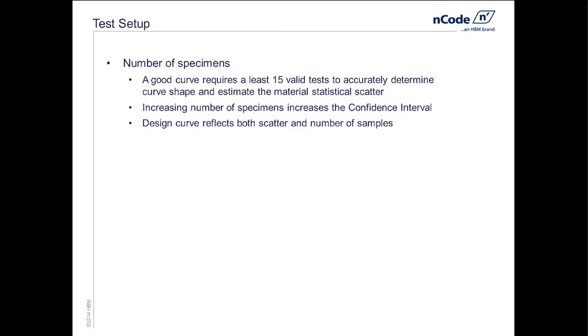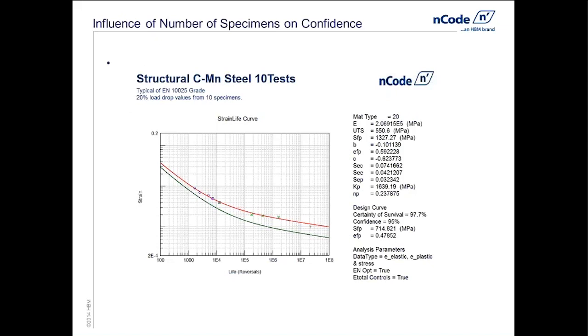What I mean by that is, here I have an example of a strain life curve, and if you look at the plot, the data points, both the blue diamonds as well as the green X's, are actual test data. These are actual specimen tests. The red curve is the regression of our strain life curve through that data.